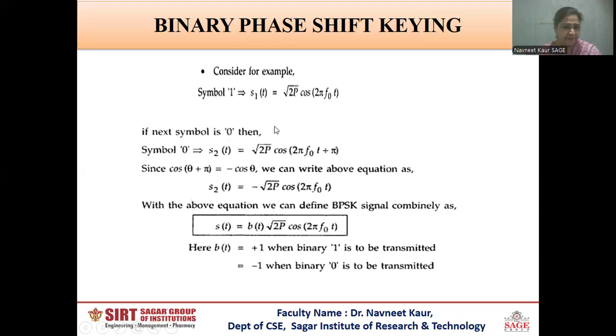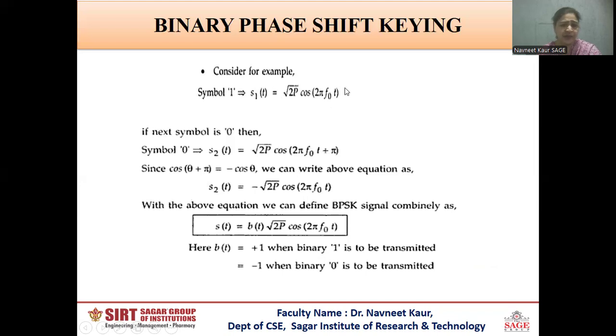That means amplitude will be root 2P only. Then we will have cos, but instead of 2 pi f naught t, I will have plus pi also, where pi represents the 180 degree phase shift.